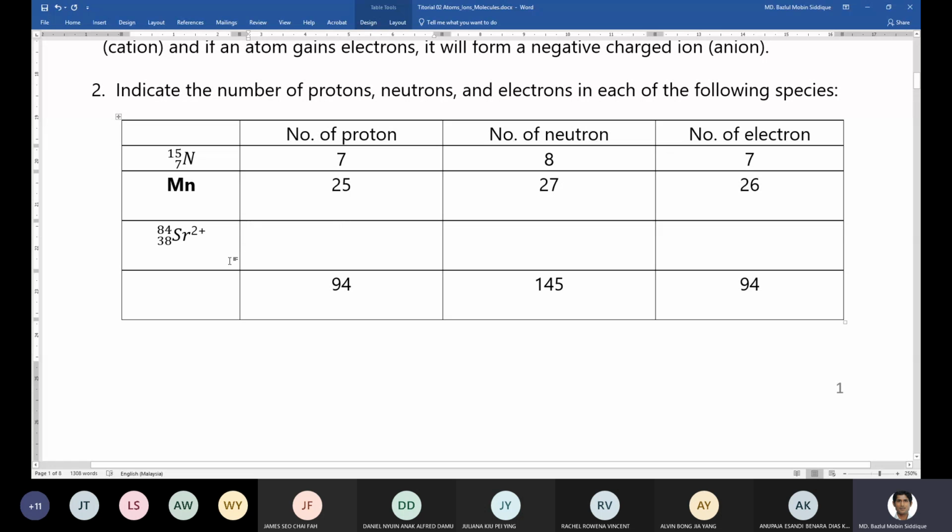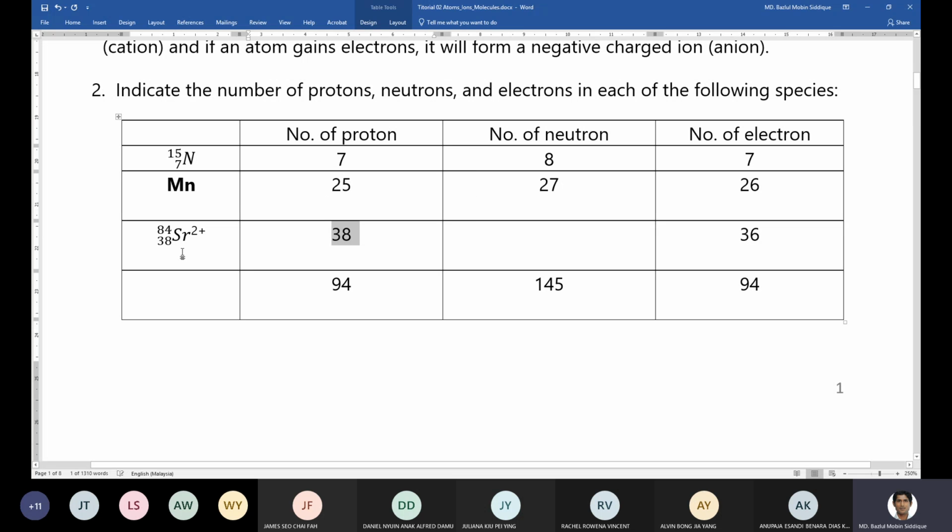For strontium, 2 positive charge, the same thing. Do I need to explain it? Because it is carrying 2 positive charges, that means it is short of 2 electrons to be neutral. It is 38, the number of protons, so it will have 36 electrons. So it's 2 short of the protons. Proton is positively charged, electron is negatively charged.